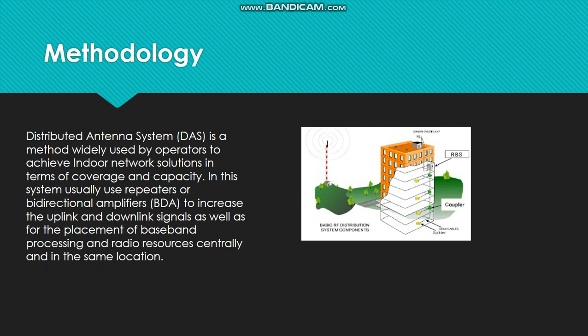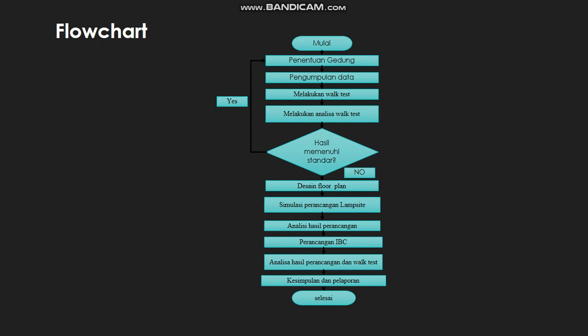So, this is the flowchart of my final project. First, we choose the building where we want to do IBC, and then we collect data like height, thickness, coordinates, how many rooms there are, and what the material is, and we get the engineering parameters or cell file.